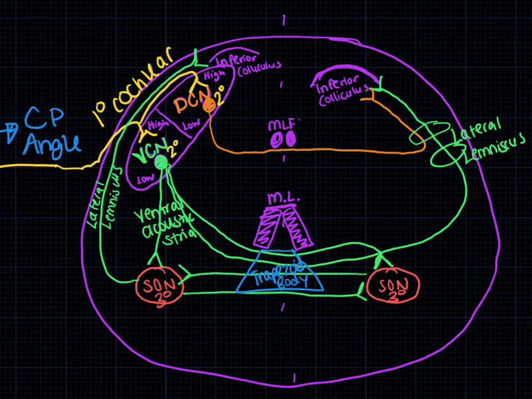So in the simplified version of this pathway, the inferior colliculus is going to contain fourth order fibers in the auditory pathway. And these fibers from the dorsal cochlear nuclei that are projecting anterior to the MLF, these are going to be called the dorsal acoustic stria.